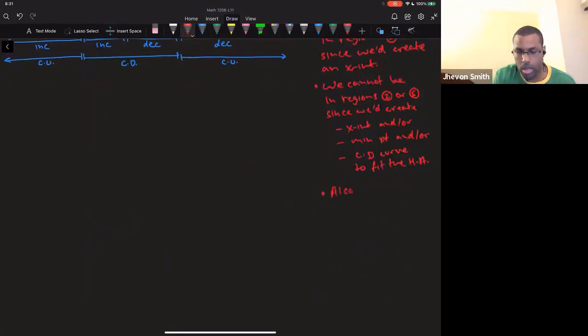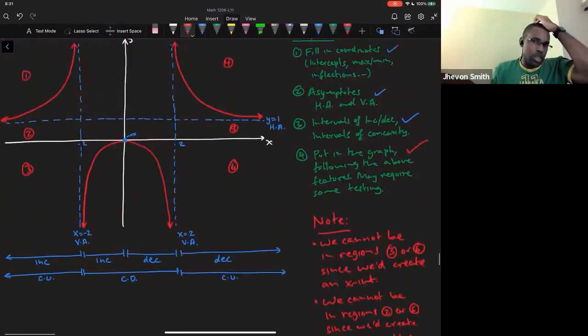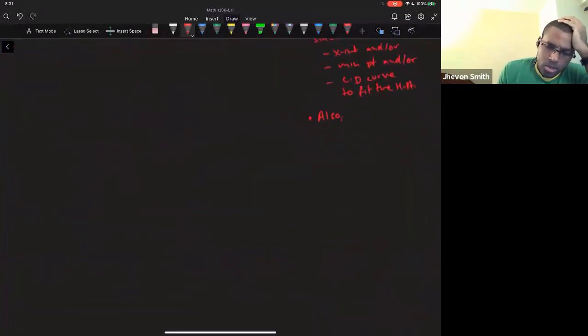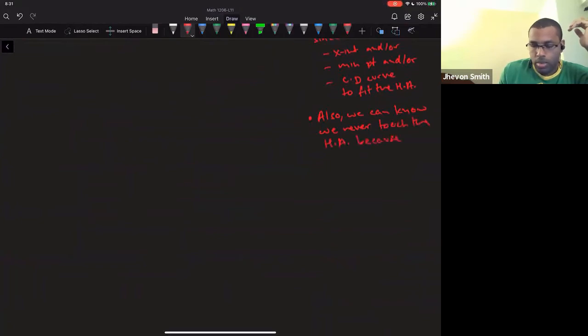Also, in addition, notice that I never had to figure this out before. But you might be wondering, could I cross the horizontal asymptote? And the answer is no, because you'd have to come back up to meet it, which would create a minimum point. So you know that doesn't happen either. But also we can know we never touch the HA because f of x equals 1 has no solution.